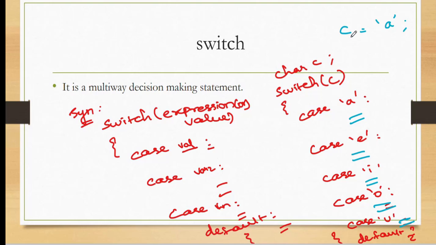For example, the C value is A, which matches this case. Then the computer will come here and execute the statements given. It will also automatically execute the cases below: case E, and I, O, U.